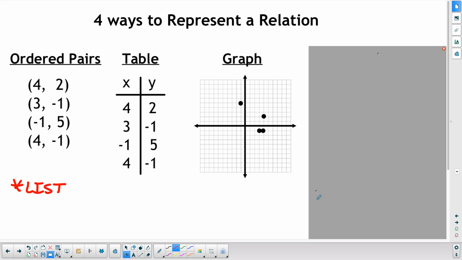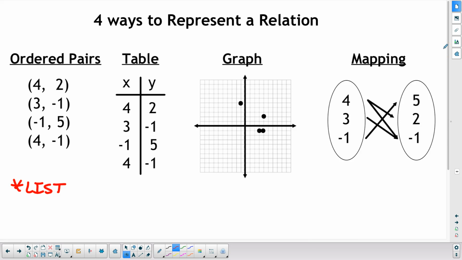Okay? And the fourth way, the way that you haven't seen yet, is something called a mapping. Okay? Now, a mapping takes all of the elements of the domain and it puts them in a circle or a box. I don't care. If you want to go box, go box. Okay?